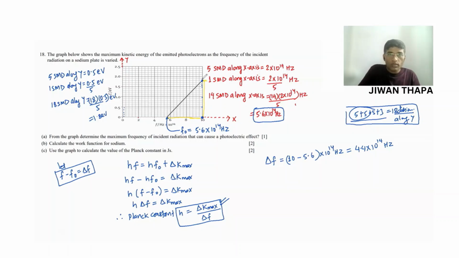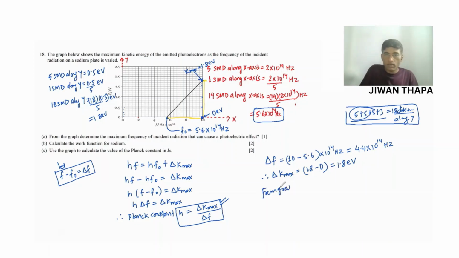So this point corresponds to kinetic energy 1.8 electron volt, and this point corresponds to kinetic energy 0 electron volt. Therefore delta K max equals 1.8 minus 0, which gives 1.8 electron volt.